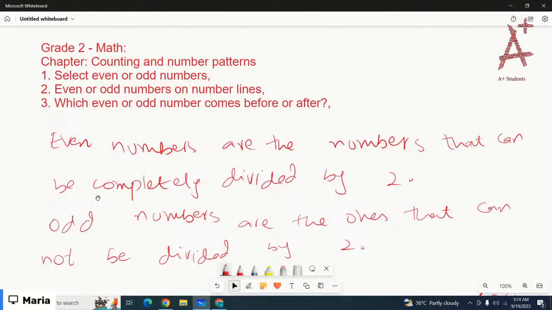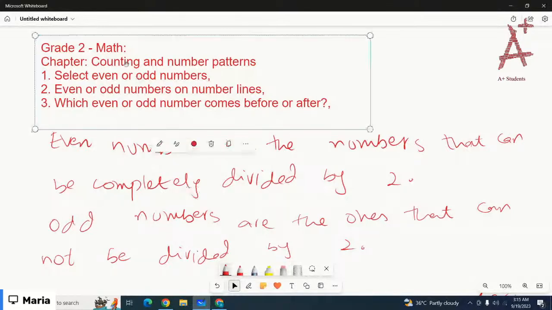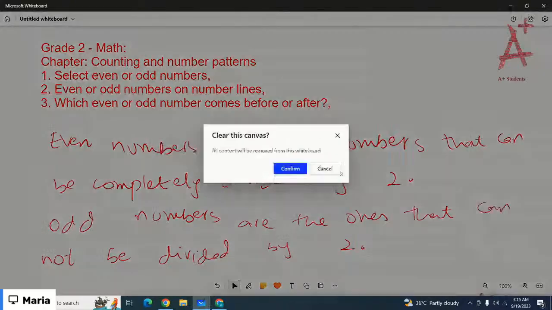So let's start with the examples. You are given numbers, and you have to select which of the numbers are even and which are odd.